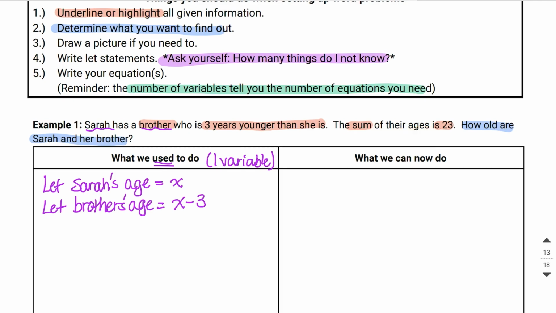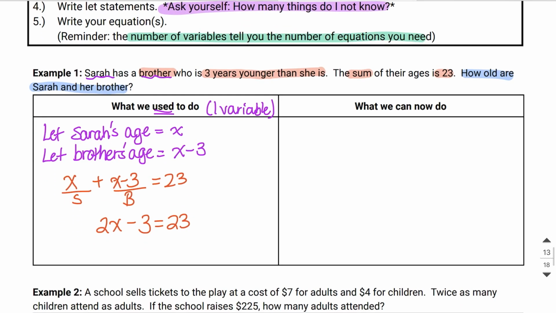If the sum of their ages is 23, then I can take Sarah's age and her brother's age, add them together, and that would equal 23. So I would say x plus x minus 3 equals 23, and then I can collect like terms and get 2x minus 3 equals 23. Then I can go through and solve for x.